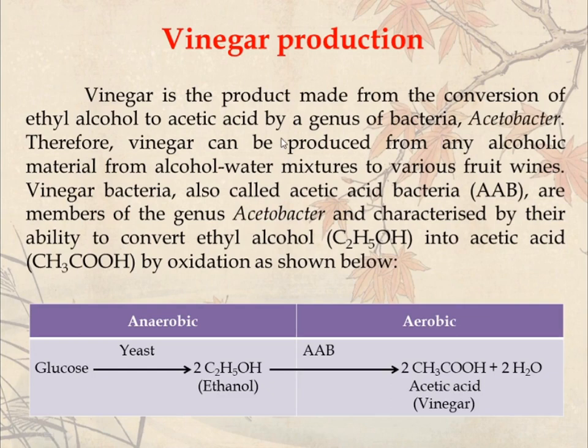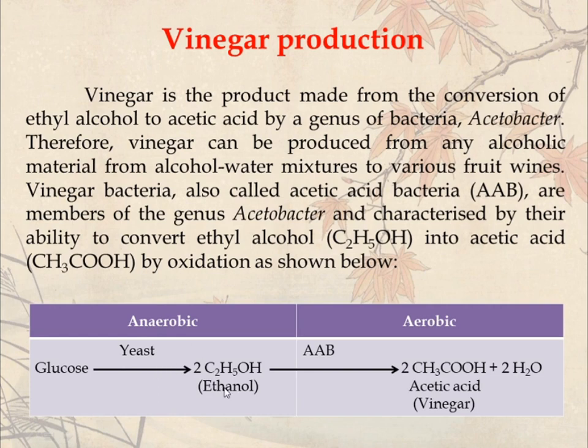Now we will discuss vinegar production. The production of vinegar involves two conditions, anaerobic as well as aerobic. In this, first, the glucose which is obtained from the raw material is converted into ethanol by yeast.